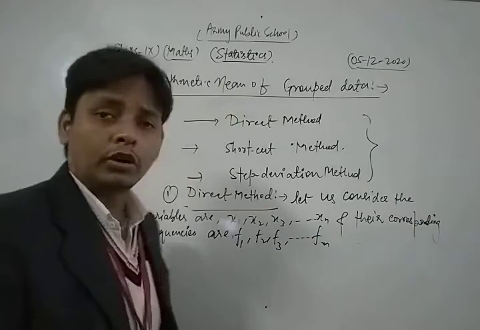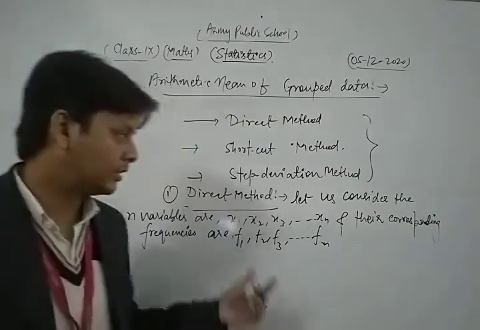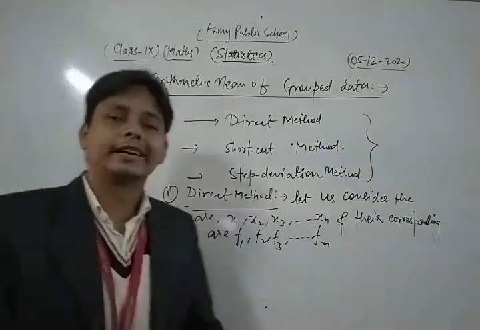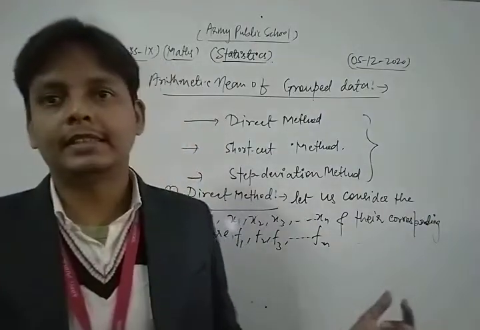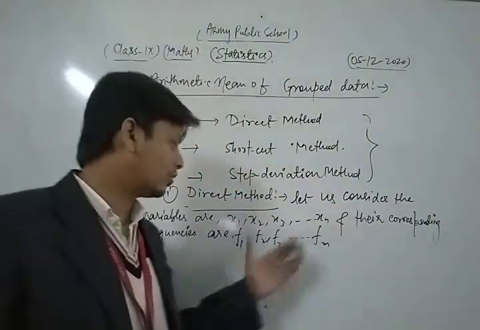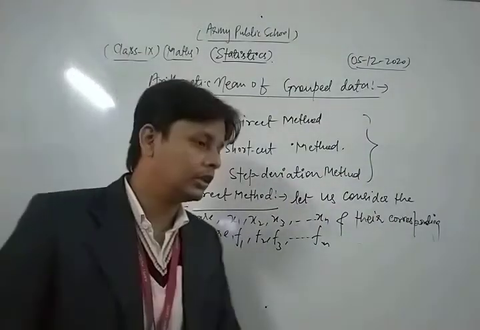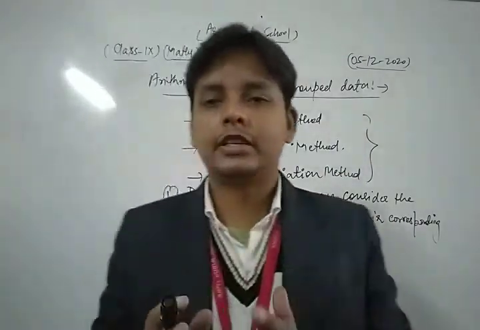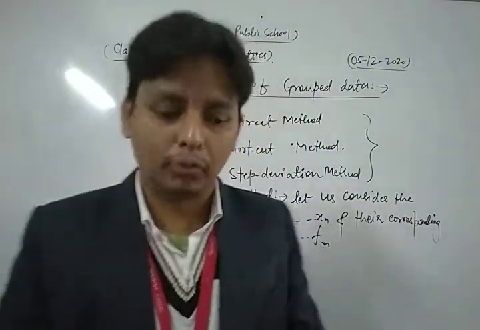Listen, first of all in this method we take the n variables as x1, x2, x3, and so on up to xn, and their corresponding frequencies as f1, f2, f3, and so on up to fn.